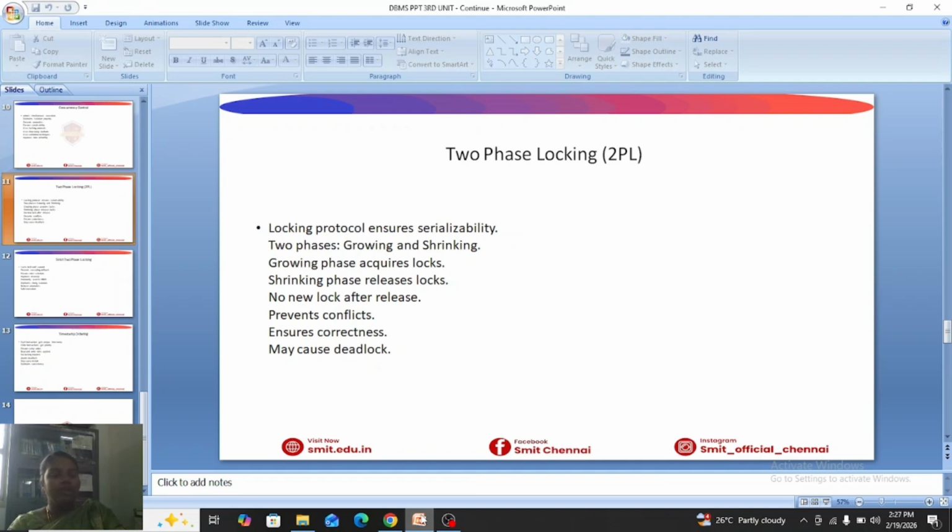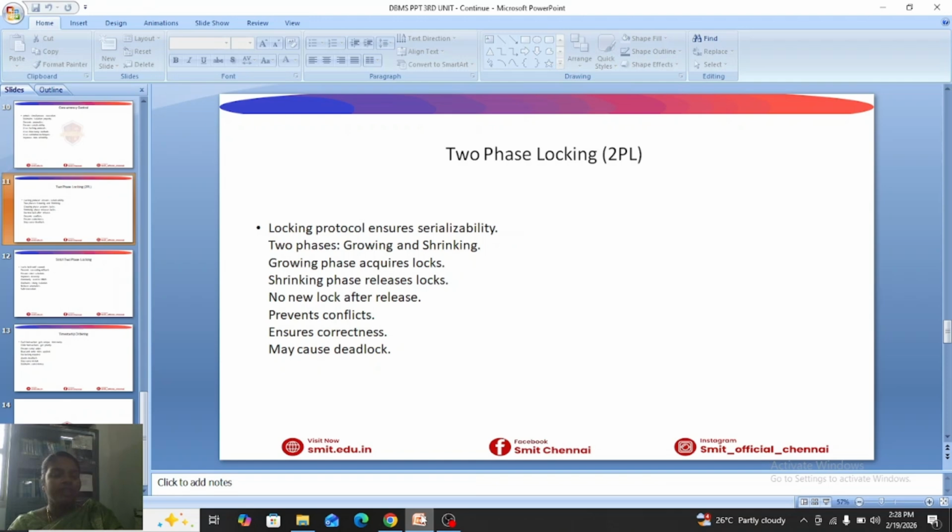The two phases are the growing phase and the shrinking phase. In the growing phase, a transaction can acquire locks but cannot release any lock. In the shrinking phase, a transaction can release locks but cannot acquire new locks. The types of two-phase locking are basic 2PL and strict 2PL.